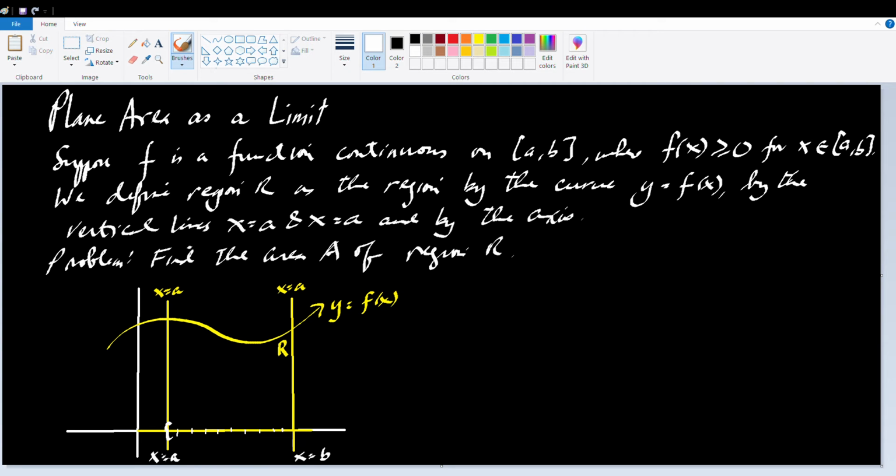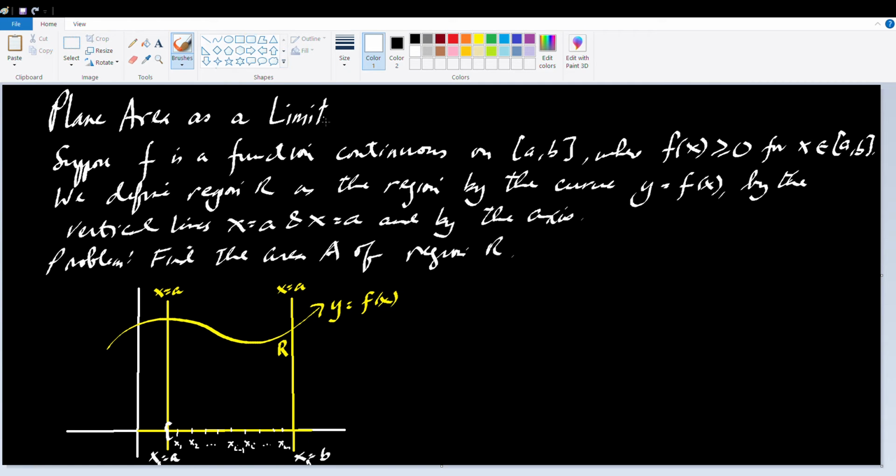We shall denote the dividing points as x sub 0 equal to a, x sub 1, x sub 2, and so on, x sub i minus 1, x sub i, and so on, x sub n minus 1, and x sub n equal to b.